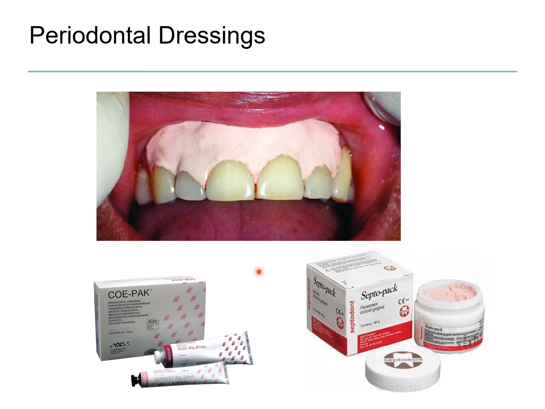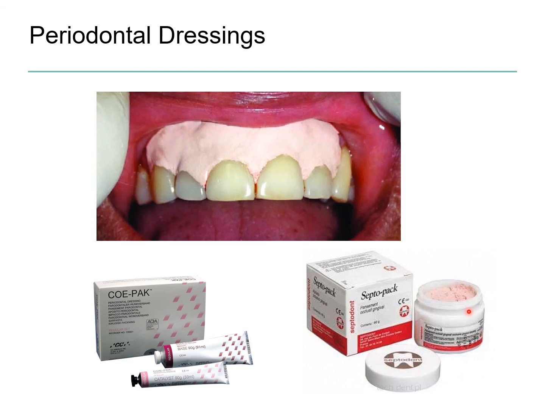There are a variety of periodontal dressings which can be used to achieve hemostasis from the gingival soft tissues and aid healing. A popular one is Coe-Pak, which is basically a eugenol-based dressing, which comes as a two-paste system. You mix the paste, and once it's in a doughy consistency, you adapt it to the gingival soft tissues, and it hopefully sticks for a few days and reduces bleeding from the gingival soft tissues.